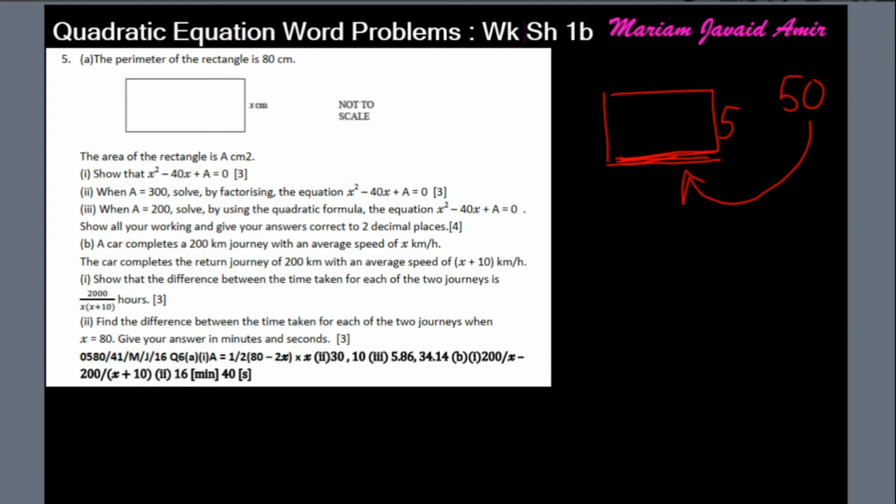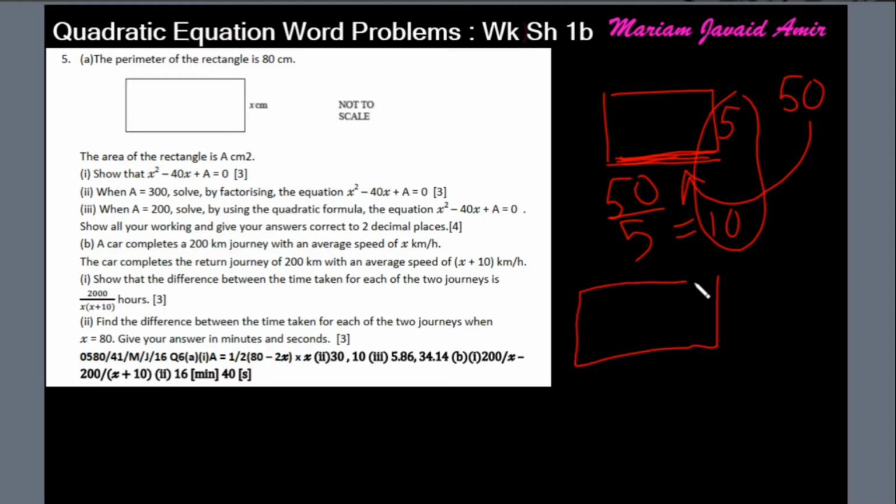That would be 50 over 5, which is 10, so that when these two multiply together we get 50. Similarly, if this side is x and the whole area is a, then this length would be a over x.